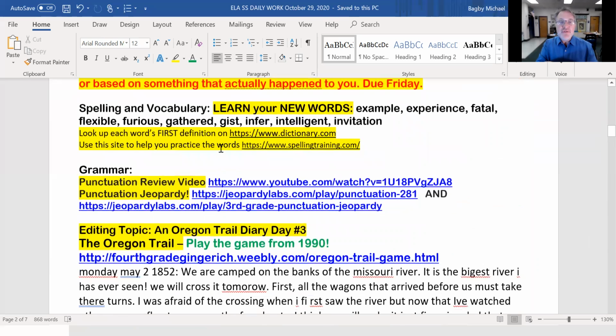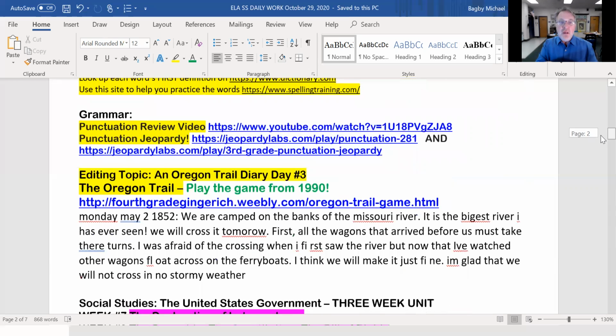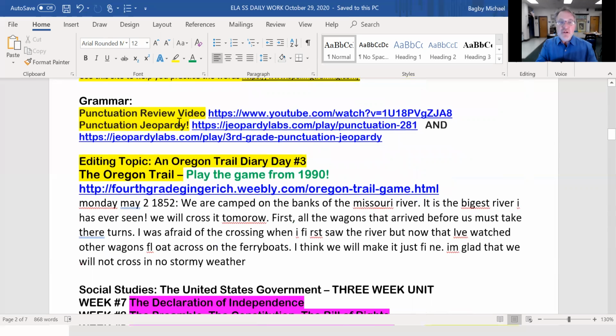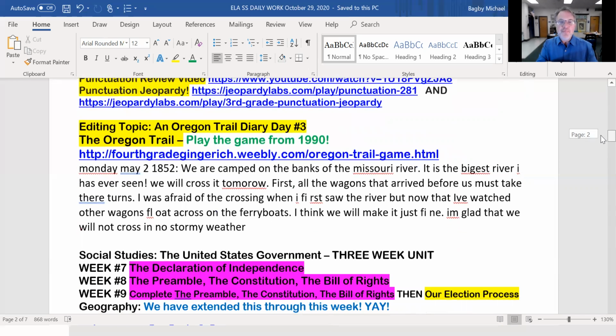We have our 10 words, and I hope you are looking these up on the definitions, dictionary.com, and the spelling training. We've been doing both of these here at school with the 7 people face-to-face. We've got a punctuation review video, punctuation Jeopardy, and another punctuation Jeopardy that you can play during your small groups meeting.